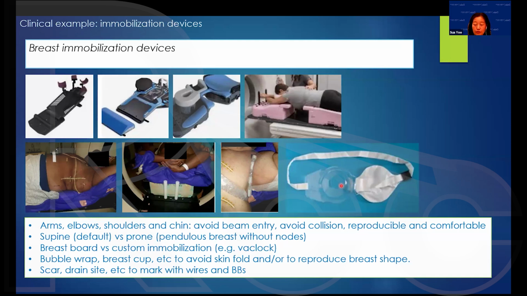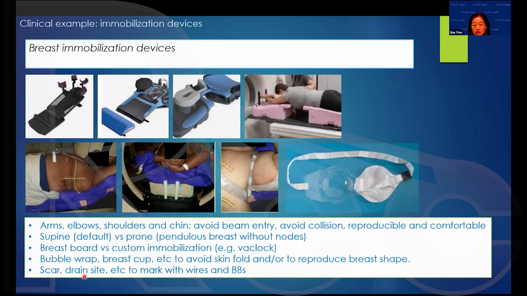For the breast shape to be more stable and reproducible, we could use a breast cup, but I don't know if it's going to work perfectly or not, because breast cup placement might be different day to day. So it's a preference for therapists and physicians, but that's something you can consider.